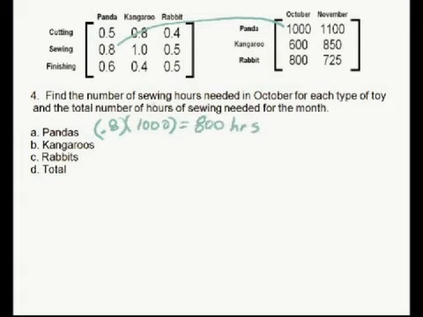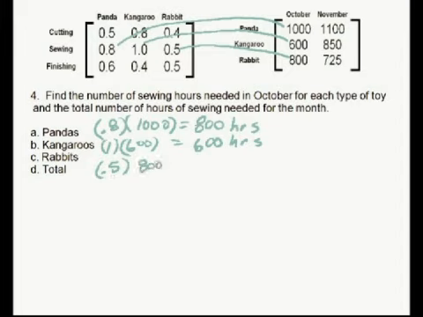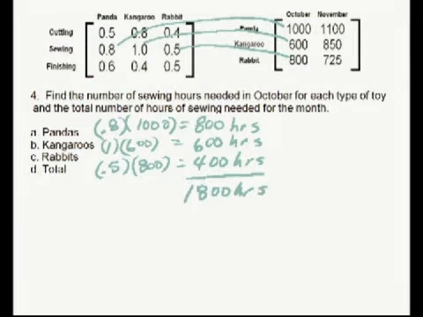It takes an hour to sew a kangaroo. We need 600 of them, and it takes a half an hour to sew a rabbit. We need 800 of them. And the grand total of hours spent sewing in the month of October would be 1800.